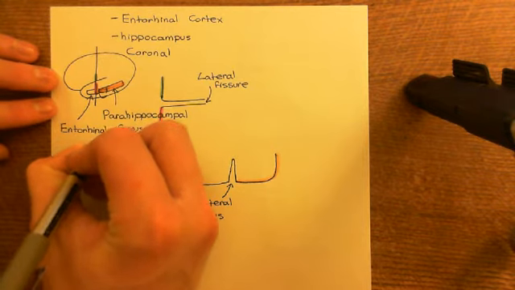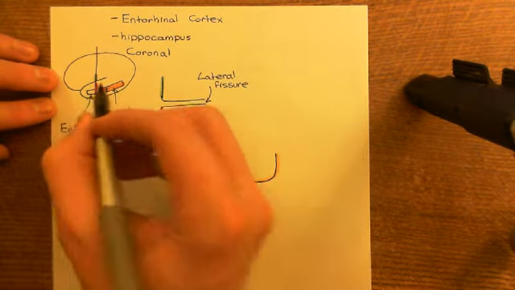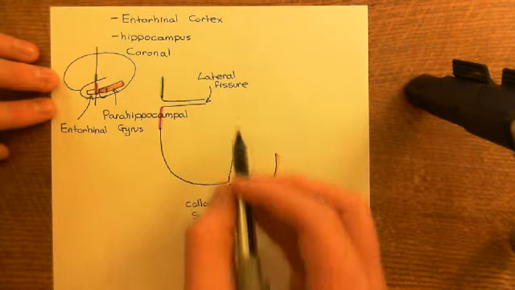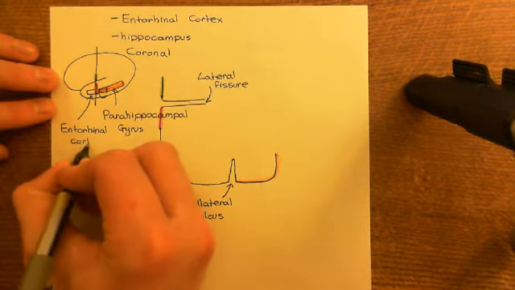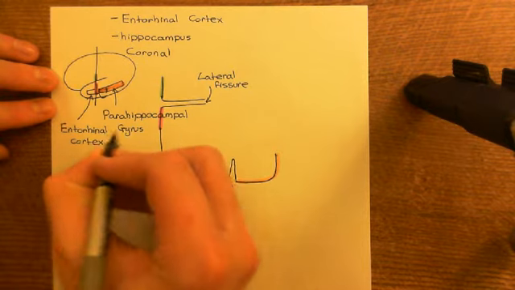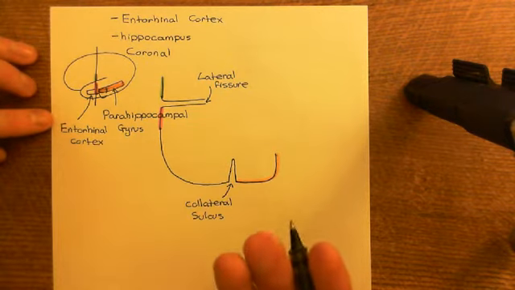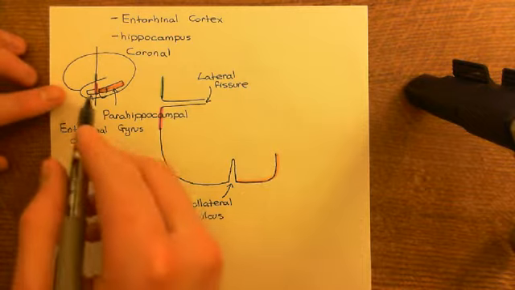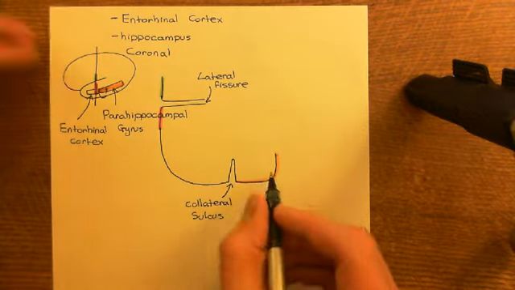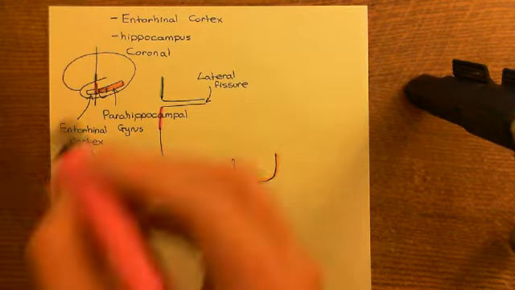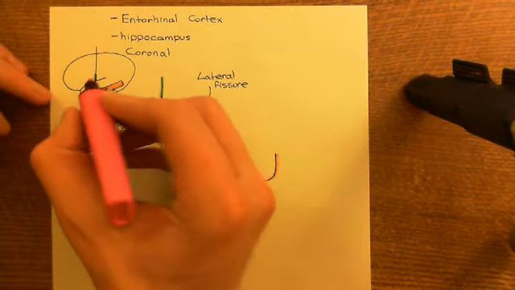So it really is just the continuation of the parahippocampal gyrus. Depending where we'd taken this cross-section, we would either be seeing the entorhinal cortex or the parahippocampal gyrus, so we're almost at the switch point between them. I've coloured it the same colour as the parahippocampal gyrus, so we'll say that it's the parahippocampal gyrus.